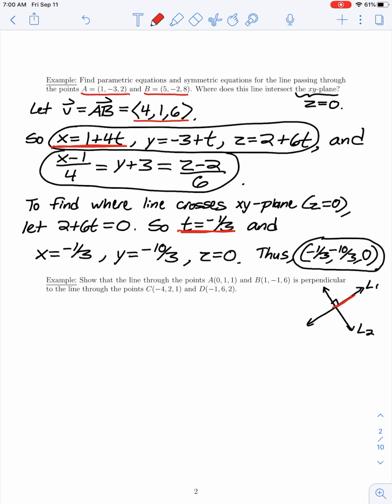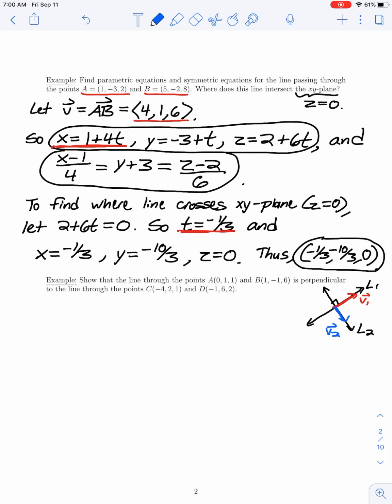So let's say we have a direction vector for our first line of V1, and we have a direction vector for our second line of V2.